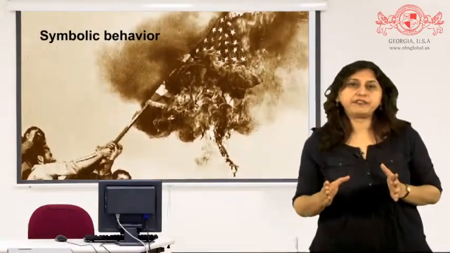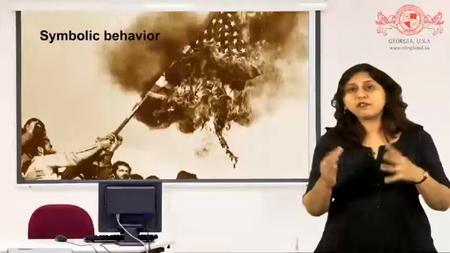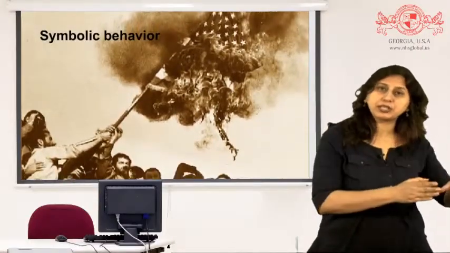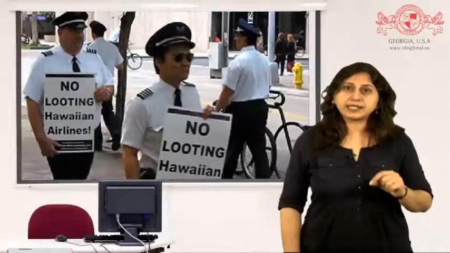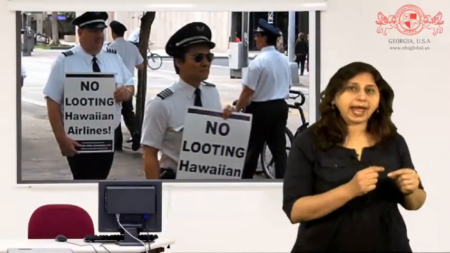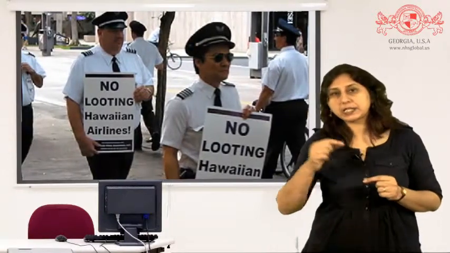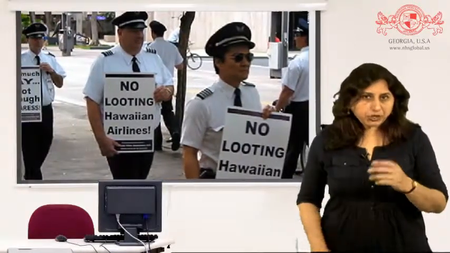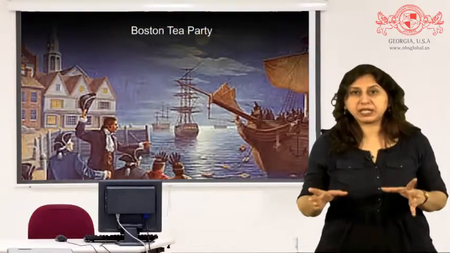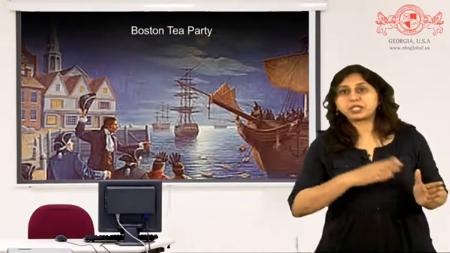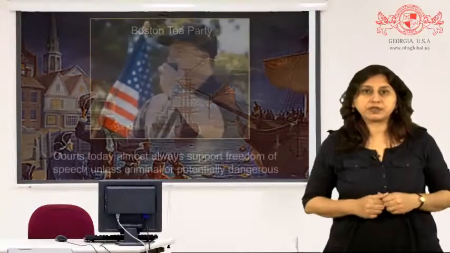Interpreting symbolic behavior is challenging as it is often difficult to separate speech elements from behavioral elements. The foundation of the United States includes key acts of symbolic speech and expressive conduct. The Boston Tea Party, for example, enlightens our country's history. Courts today almost always support freedom of speech unless criminal or potentially dangerous elements are involved.